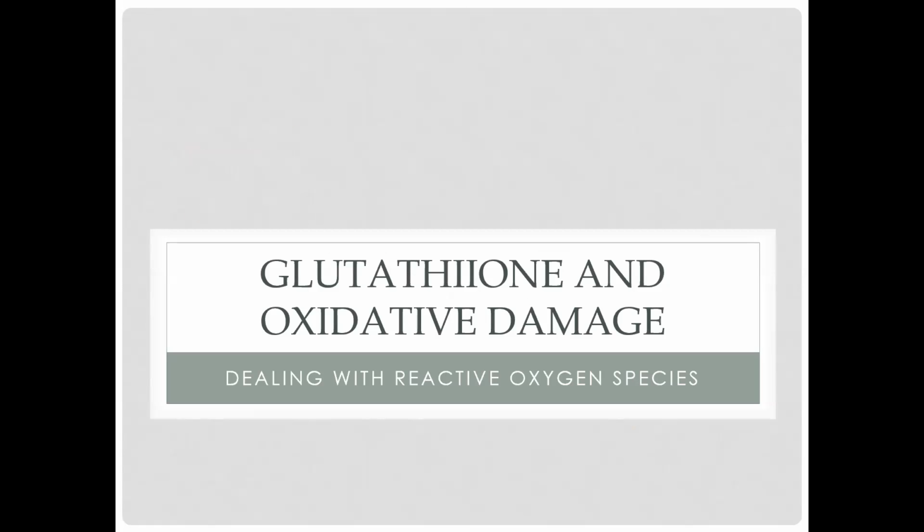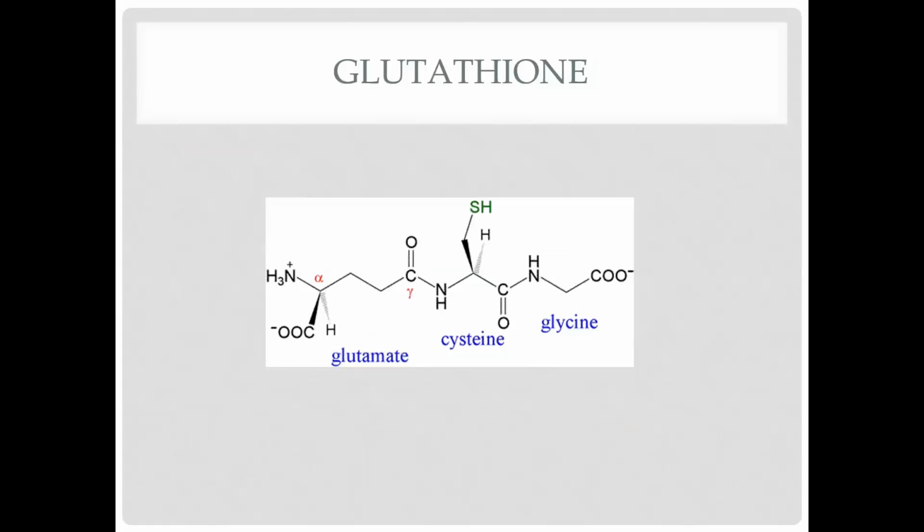No questions, all right? Let's take a look at healing oxidative damage using glutathione. If you go into health food stores, you'll find glutathione on the shelf, typically. Glutathione is a tripeptide. So it consists of glutamate, cysteine, glycine.